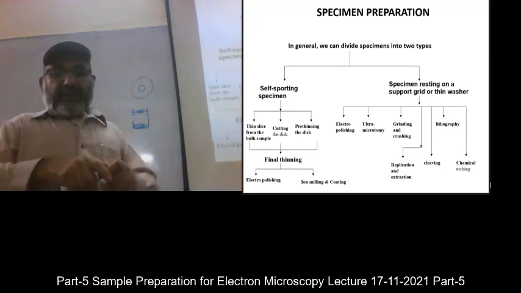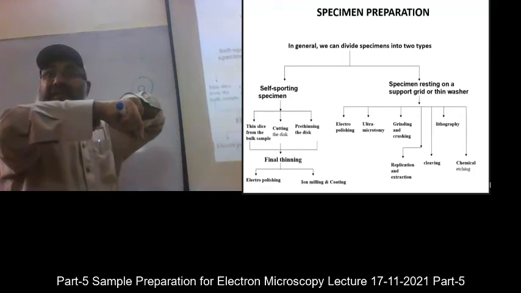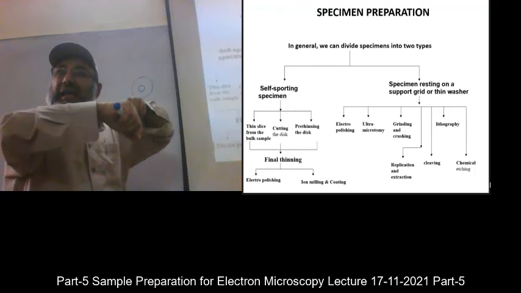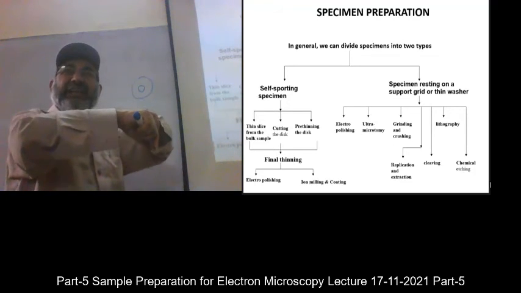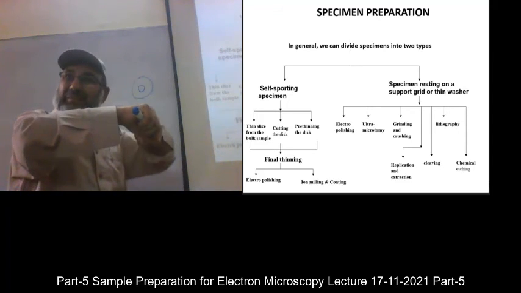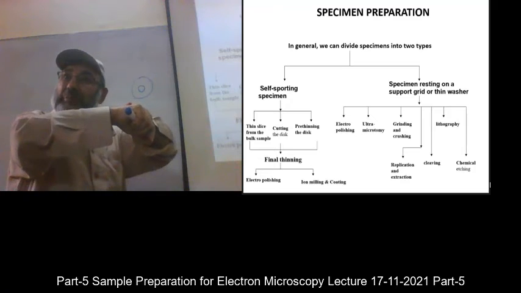If the beam is like this, it is hitting the sample at such an angle that the beam will go deeper and deeper. But if it is like this, then it is not going deeper.